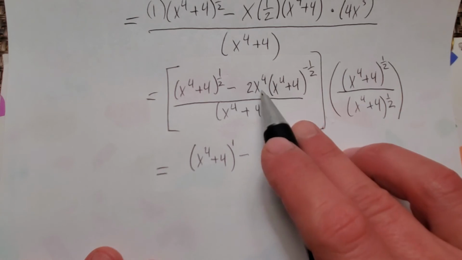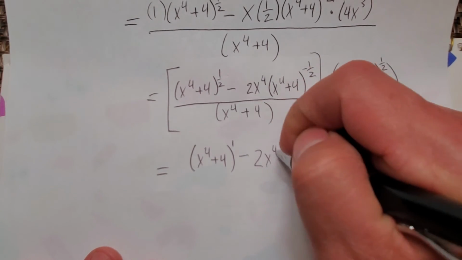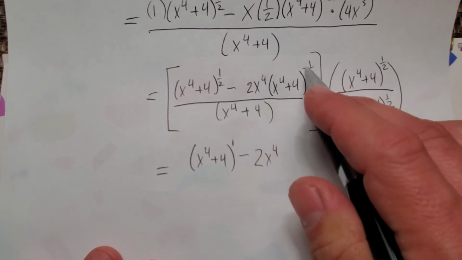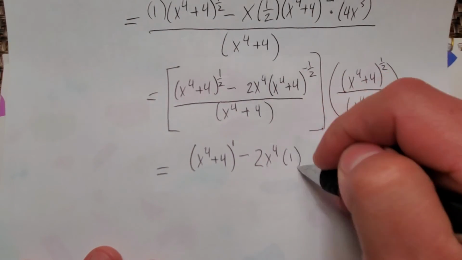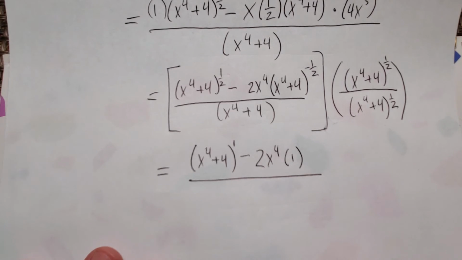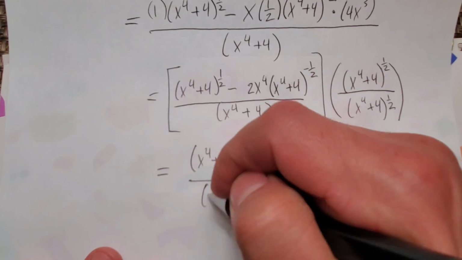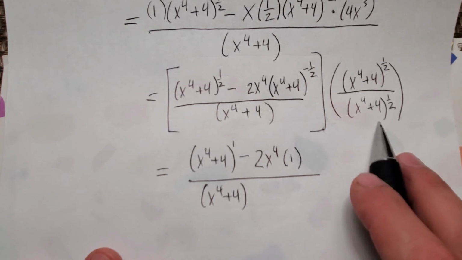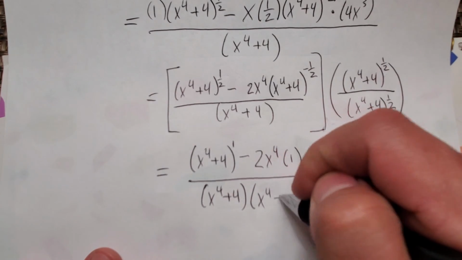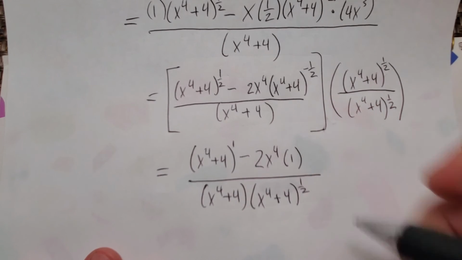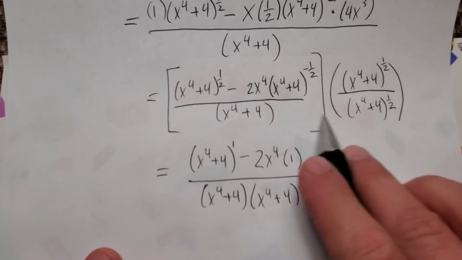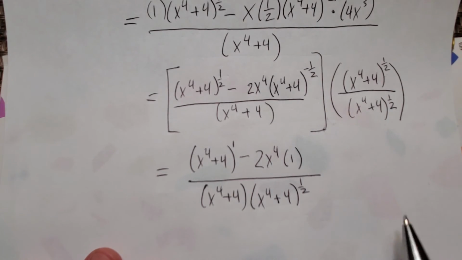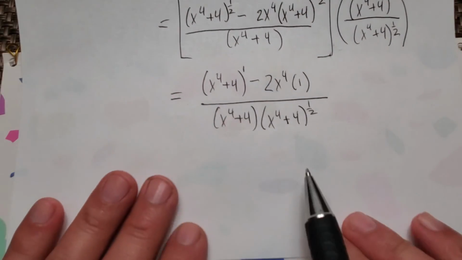So we're going to end up with 2x to the 4th times x to the 4th plus 4 to the 0 power, which is just 1, all over x to the 4th plus 4 times x to the 4th plus 4 to the 1/2. Let's not forget to also multiply the denominator by this factor. We're almost done. Hang in there.